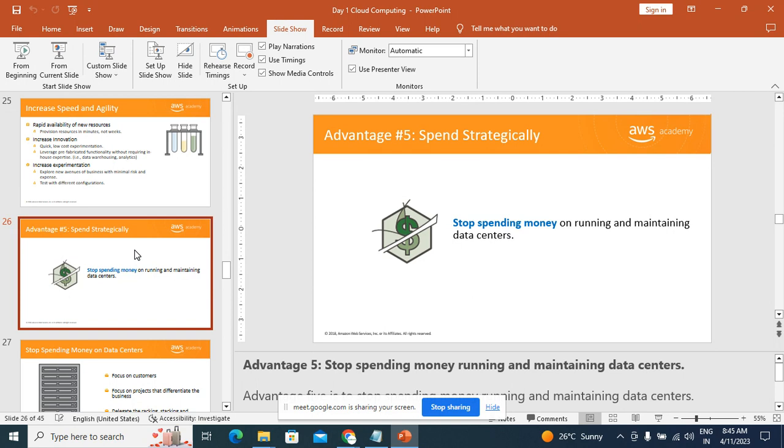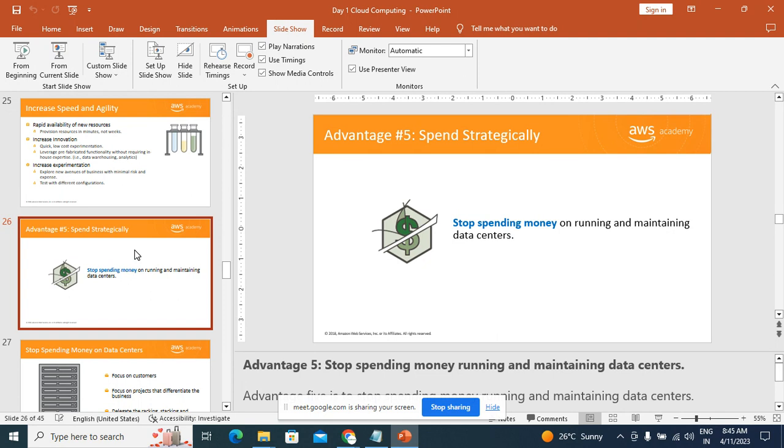So what it's saying is, stop spending money on running and maintaining data centers. For example, if you're buying 100 servers, we already discussed that getting the servers will not completely do your job. You need to maintain all the servers.